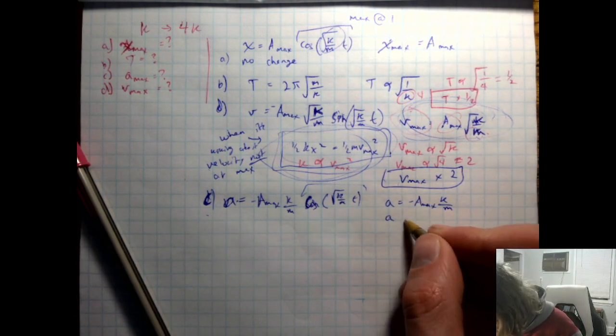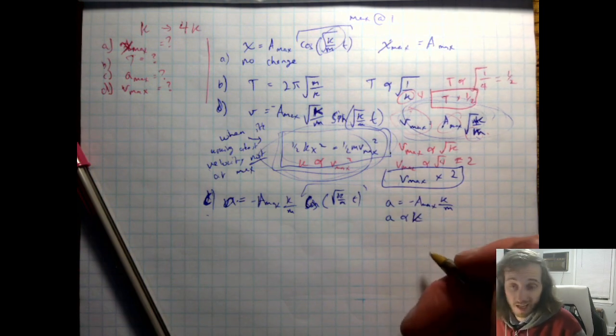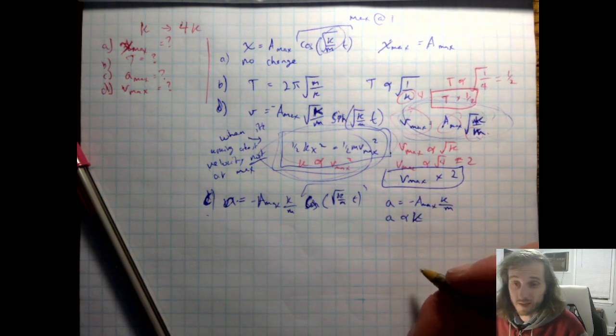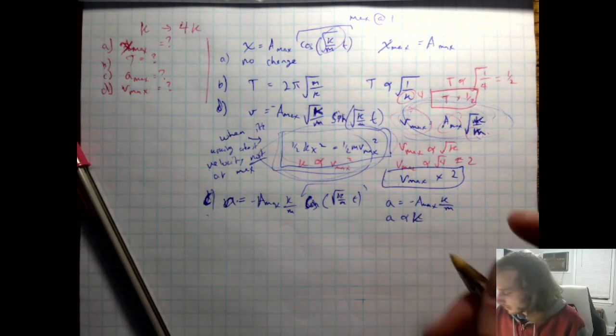And that tells you that your acceleration will actually just be directly proportional to K. If K is 4 times as big, you get 4 times as much acceleration because your spring is 4 times as strong, so your force is 4 times as strong. Mass hasn't changed, so there you go.